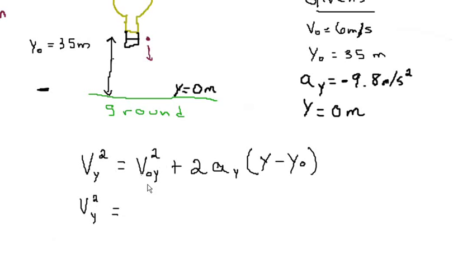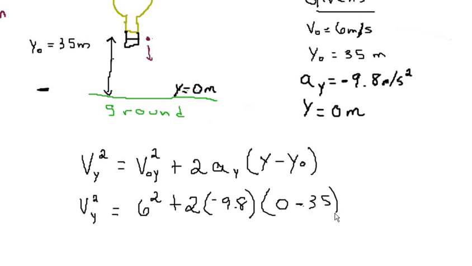Okay, the initial velocity of the book bag is 6, squared, plus 2 times the acceleration. The acceleration is negative 9.8 meters per second squared. Okay, the final position would be 0 because it's starting up here and ending down here. So the final is 0 and the initial is 35.